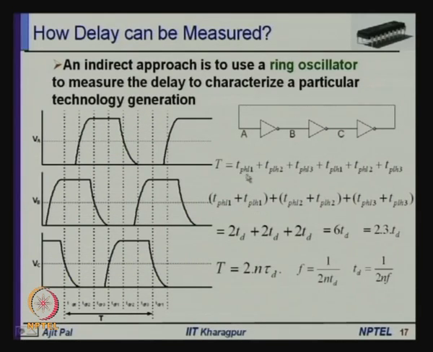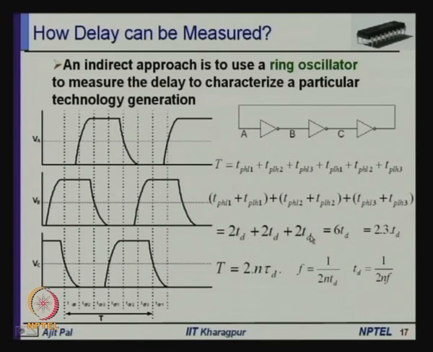This total time comprises these times, and they can be clubbed. TPLH1 and TPHL1 can be combined, and as we know, (TPHL1 plus TPLH1) by 2 is equal to TD. So this is TD, this is another TD, and so on.